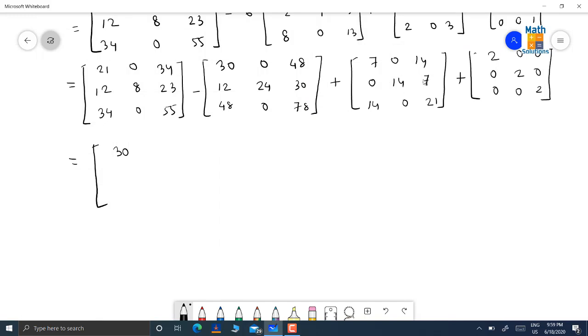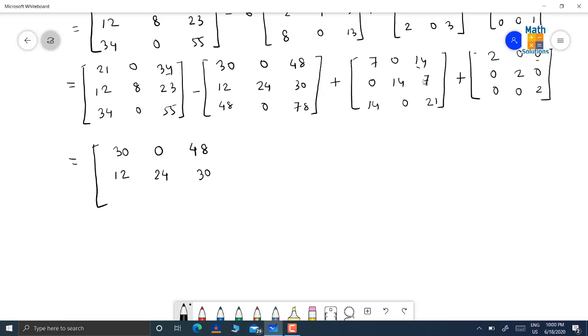So when we add, 21 plus 7 plus 2, the result will be 30. Then the next term will be 0 if we consider only the positive matrices. 34 plus 14 plus 0, how much will it be? It is 48. Then 12 plus 0 plus 0, it will be 12 only. Then 8 plus 14 plus 2 will be 24.